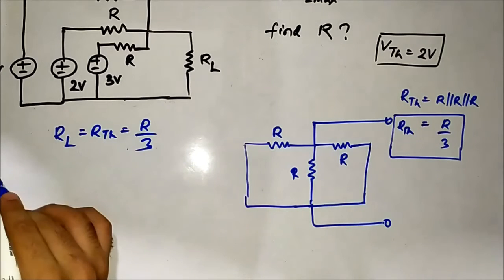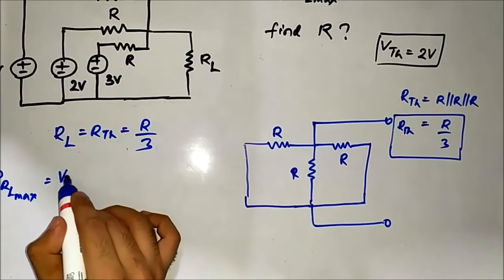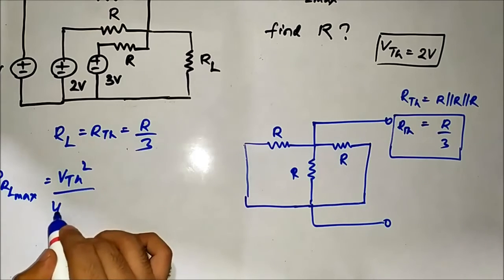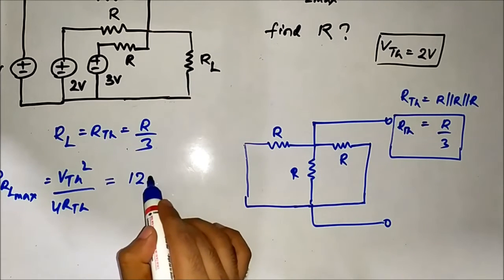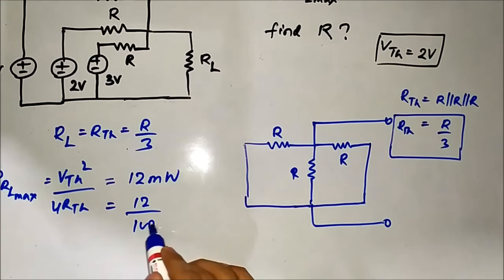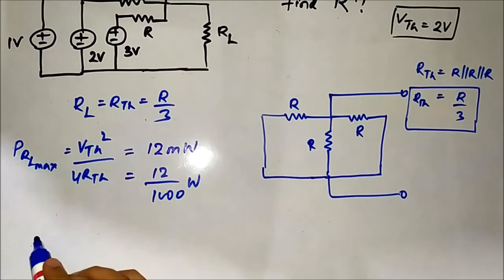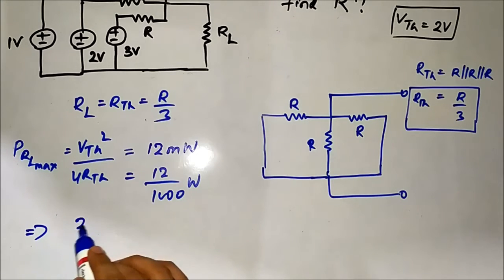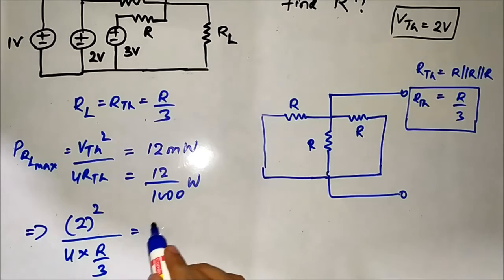We know PRL max is given by VTH square by 4 RTH. That value is given as 12 milliwatt, or 12 by 1000 watt. If we substitute VTH and RTH, we get 2 square by 4 into R by 3 is equal to 12 by 1000.